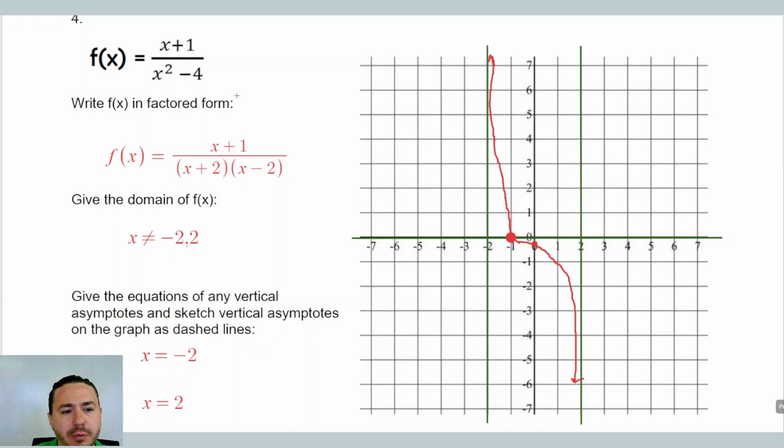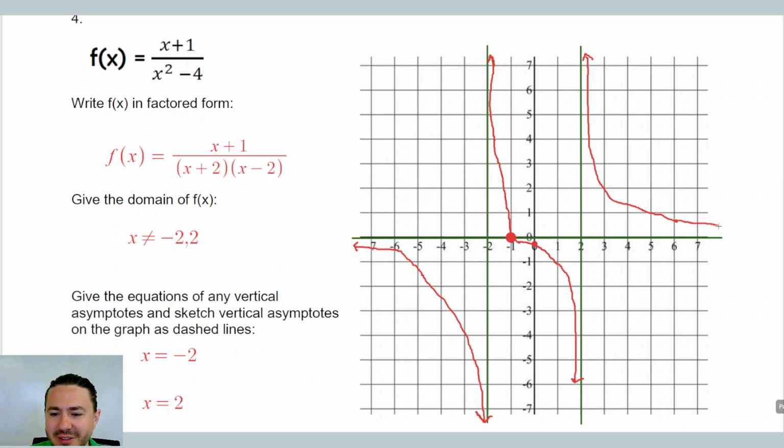If I plug in negative 10, I get a negative over positive, which is negative. So I know I'm below the x-axis. And if I plug in positive 10, that'd be a positive over a positive, so I know I'm positive. But there's actually even a quicker shortcut if you thought that was too slow.